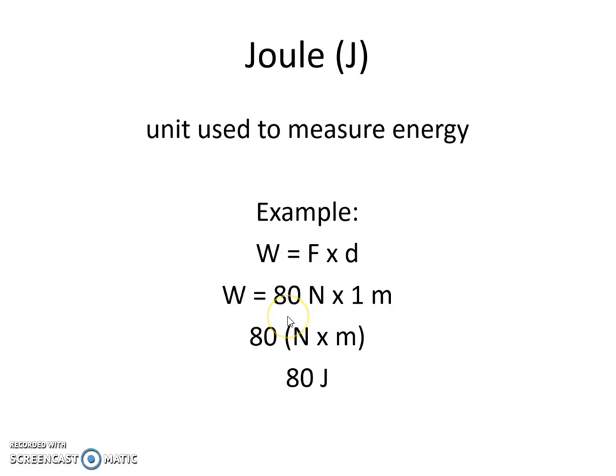Let's say we push an object with a force of 80 newtons over 1 meter. You will get 80 newton meters, which is actually equal to a joule. So 80 joules would be the work.